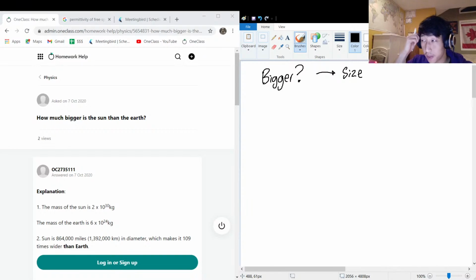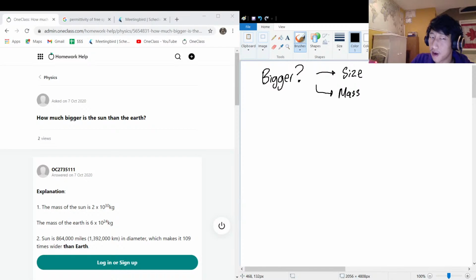The sun is much bigger than us in terms of size, or we can also do mass. Now, mass and size are pretty related to each other, but sometimes we might say that something's bigger than something else because of its mass. We don't always necessarily want to use size.